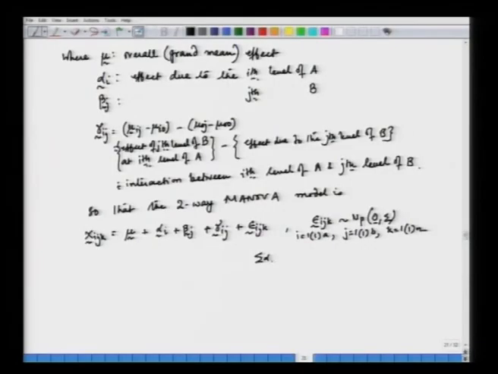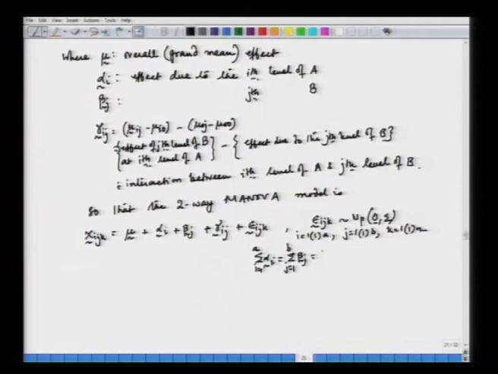These are: the sum of alpha i over i from 1 to a is equal to the sum of beta j over j from 1 to b.